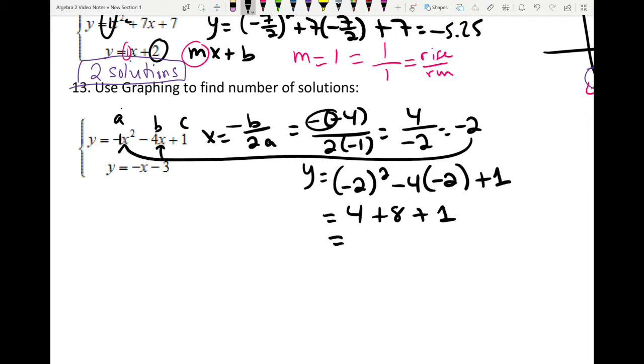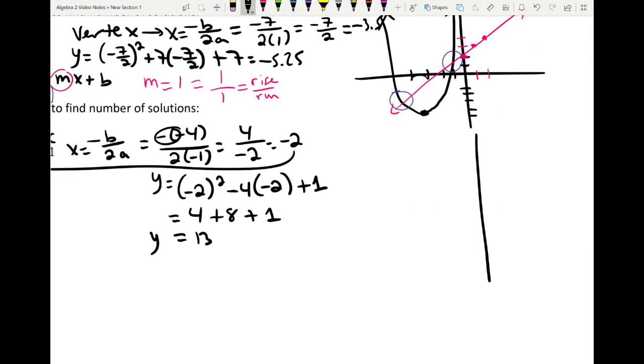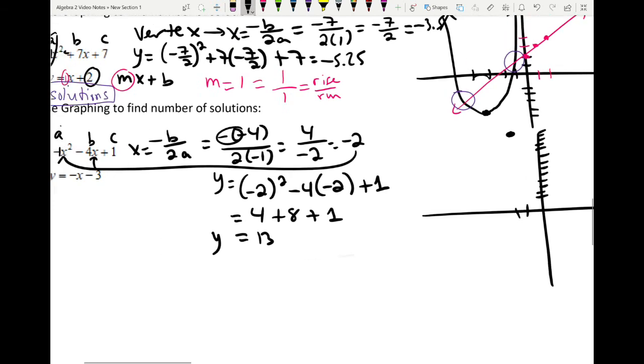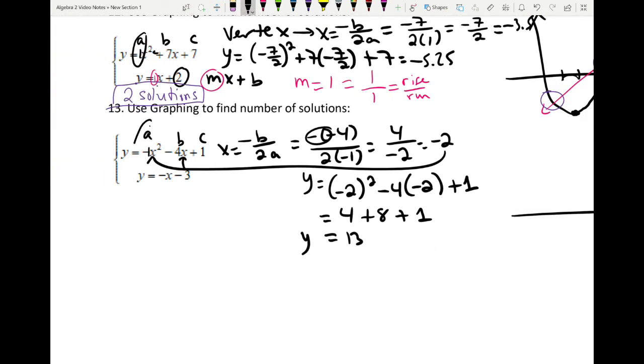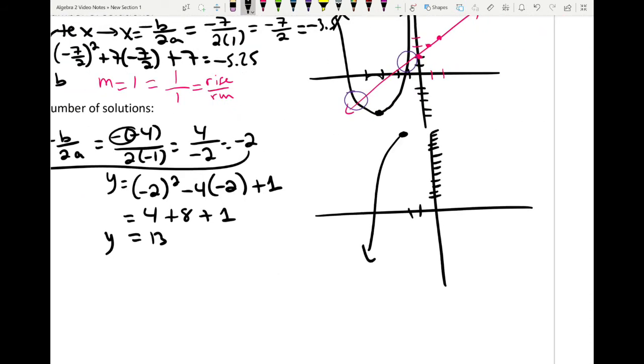So 4 plus 8 is 12, so we get 13 here. So the coordinates for my parabola are negative 2 and 13. Somewhere around here. Now, the parabola is going down because a is negative. Since a is negative, the parabola is going down.